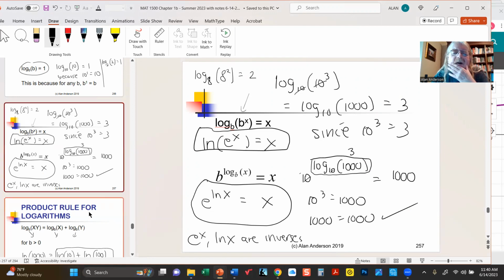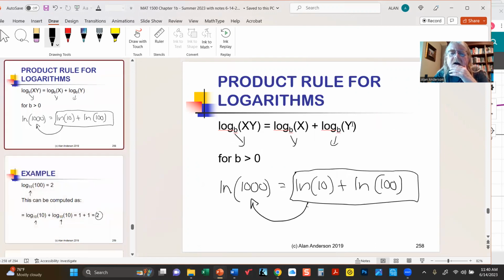Now, here's some algebraic properties for logs that will also come in very handy. So for example, no matter what the base is, the log of xy is the log of x plus the log of y. Now, of course, we're assuming that b is strictly positive. We don't use base 0 or anything below that, though; above that, this property will hold.